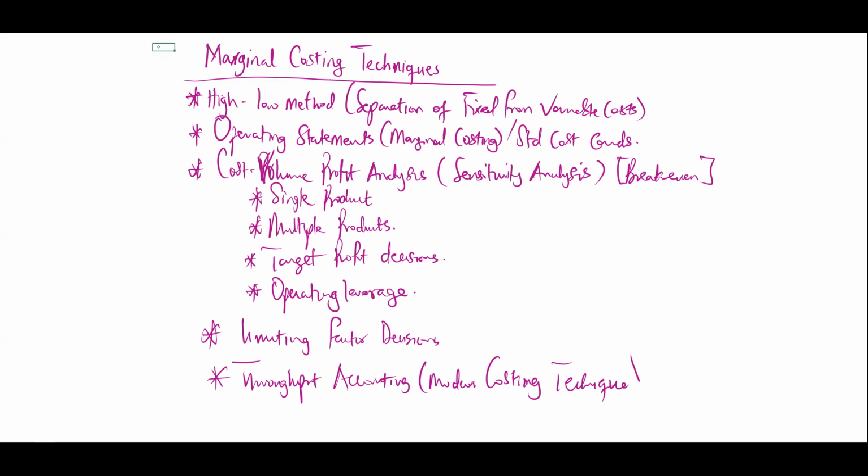I want you to write this down. So these are techniques that we'll be using marginal costing for. But this one is a special case, the last one. But we need to understand these ones before we can do this one effectively.